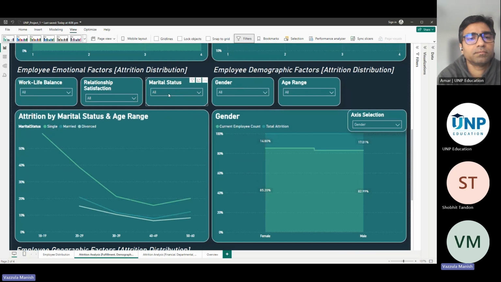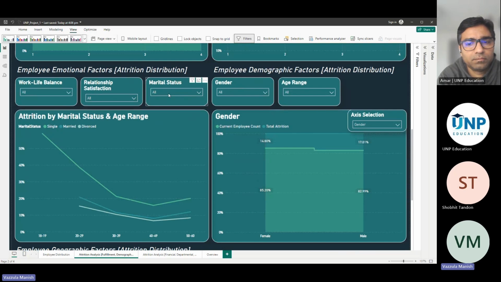We also have certain factors like marital status, relationship satisfaction, and work-life balance. These are factors that tend to affect the employees. They're towards the employee side because generally the employer cannot control the person's marital status, obviously.